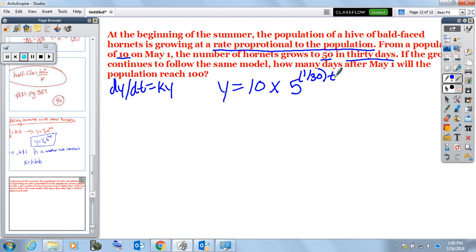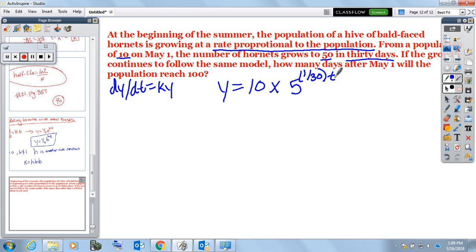Every single day out of those 30 days, it's growing at this rate. That's where we get our 1 out of 30 from. So 1 out of 30, the next day, 1 out of 30, the next day, 1 out of 30. Each of those days represents one day out of the 30 that it is having some kind of growth.